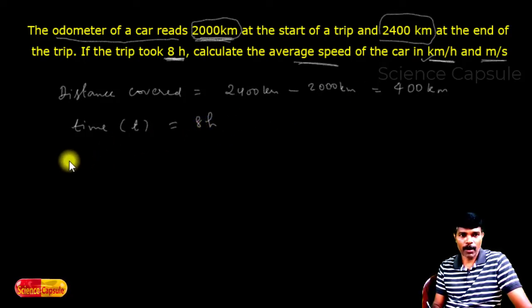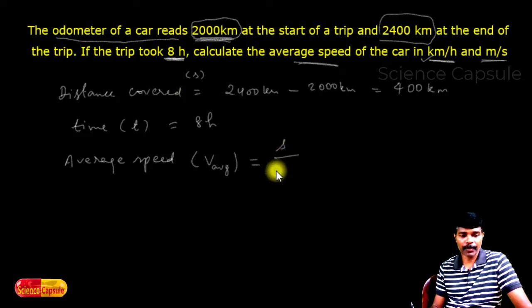Now average speed we have to find. We know the formula of average speed, isn't it? What would be the symbol? V average is equal to distance travelled by time. Here distance we write as S. So total distance travelled by time taken. What is the total distance?